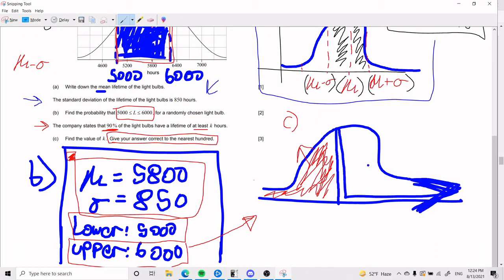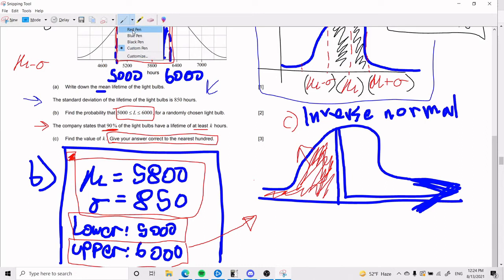Now, why does it work like that? Because it is inverse normal. I know it's not too intuitive, but one part that helps us is that it's inverse.